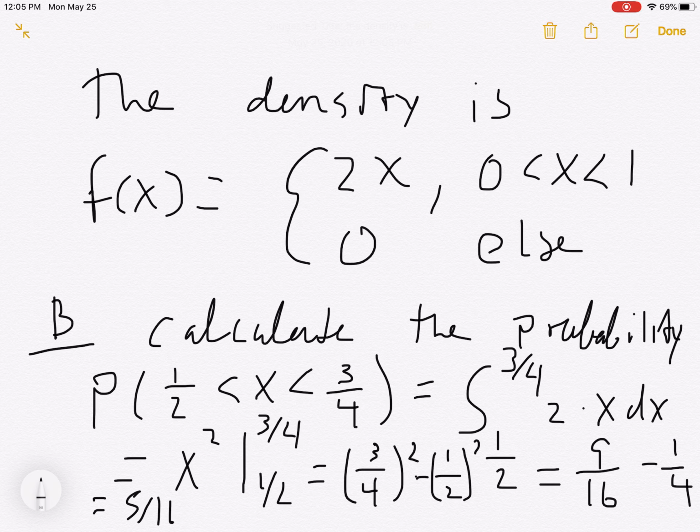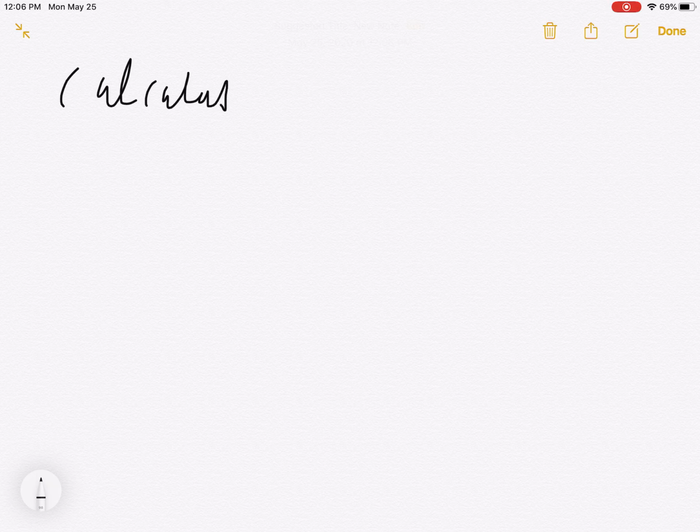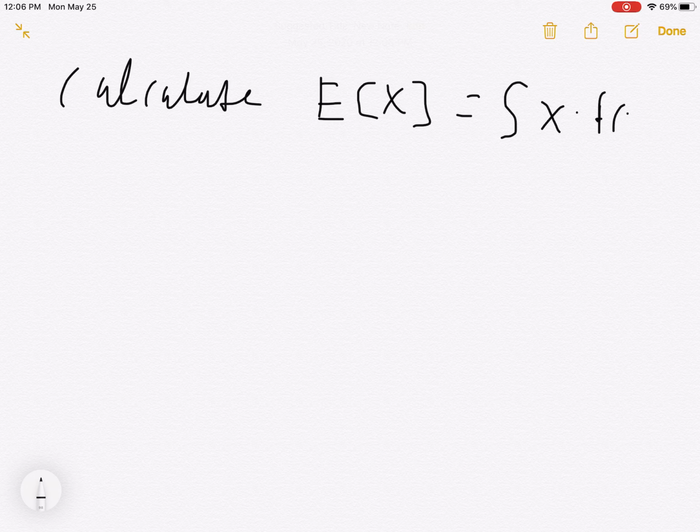Okay, now here's another question we could ask. Calculate E of X. E of X is this integral of x times f of x dx from minus infinity to infinity.